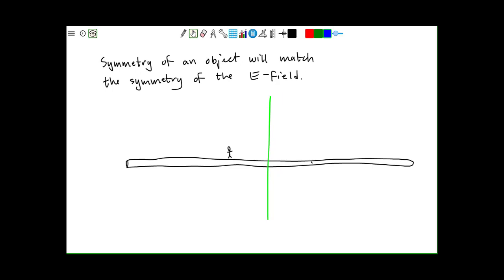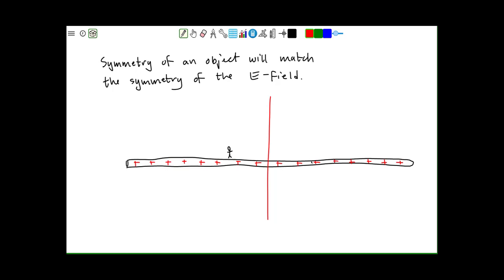Well, let's take a very small element of this wire. And actually, before we do that, let's say this wire is full of electric charge. For simplicity, let's say that this is a uniformly charged, infinitely long wire.